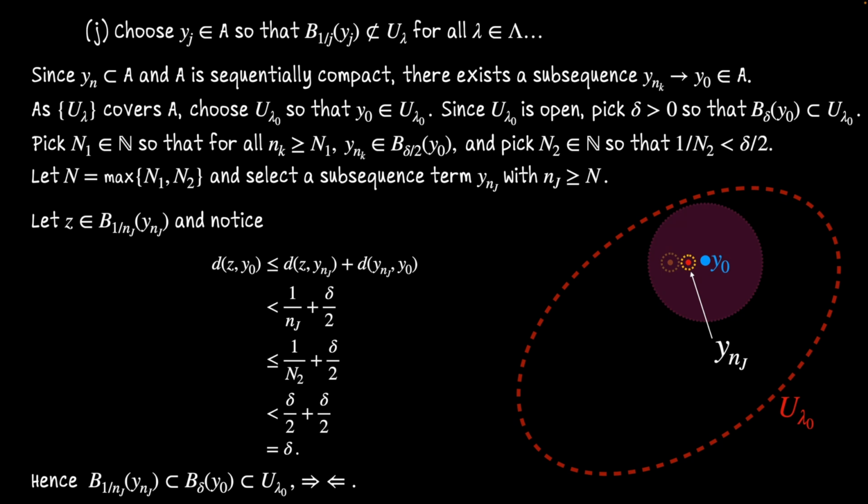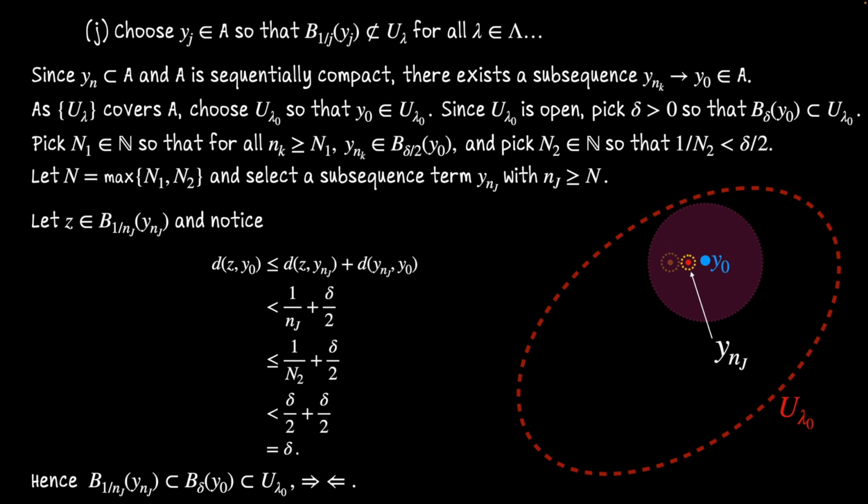However, if you think back to how we created our subsequence, for epsilon equals 1 over n_j, we selected y_{n_j} so that the 1 over n_j neighborhood around y_{n_j} was not solely contained by a single member from the open cover. Yet now we've shown that if A is sequentially compact, you actually cannot do that.